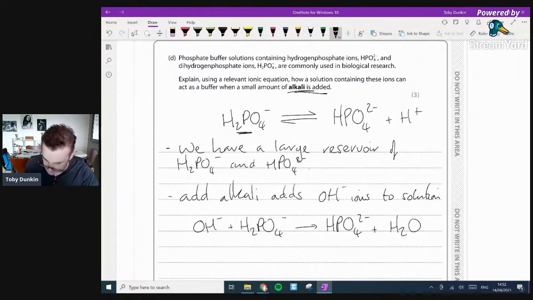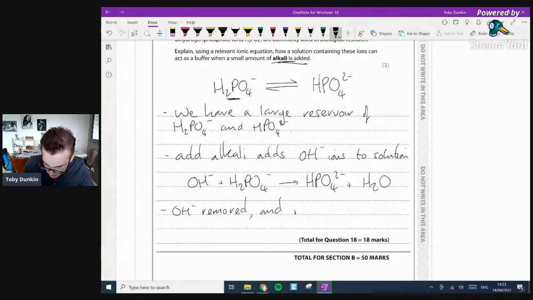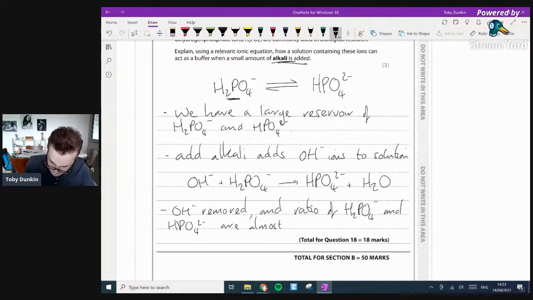I made that mistake last time. I didn't balance it. We can just get rid of that; don't need that in the equation. It's just nice to understand this. Add alkali to solution. It reacts with the acid. OH- removed. And the ratio of H2PO4- and HPO4 2- is almost the same.